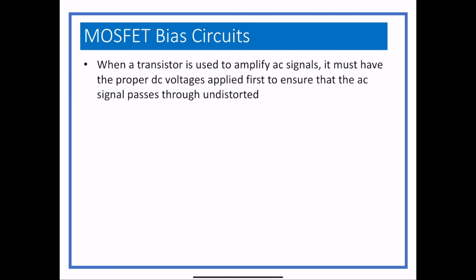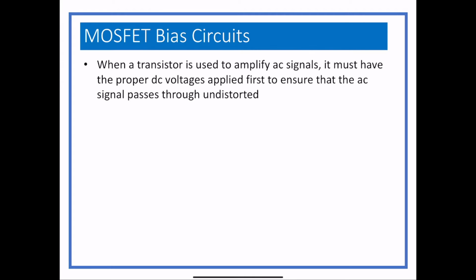When we use a transistor to amplify certain signals, we can use a MOSFET, or we can use the other kind of transistor, which we haven't covered yet. Basically, it has to have DC voltages applied to make sure that all the junctions that need to be forward biased are forward biased, and the ones that need to be reverse biased are reverse biased, and they have to stay that way.